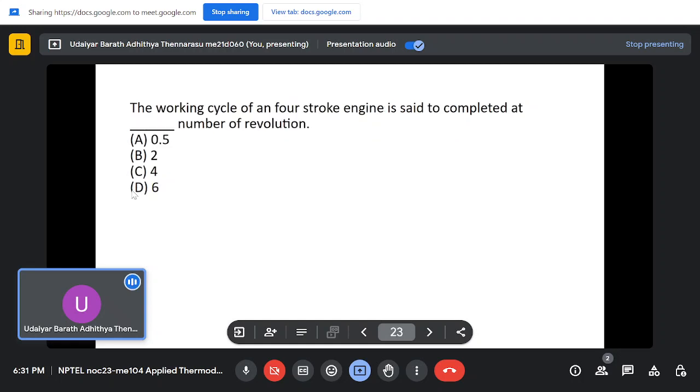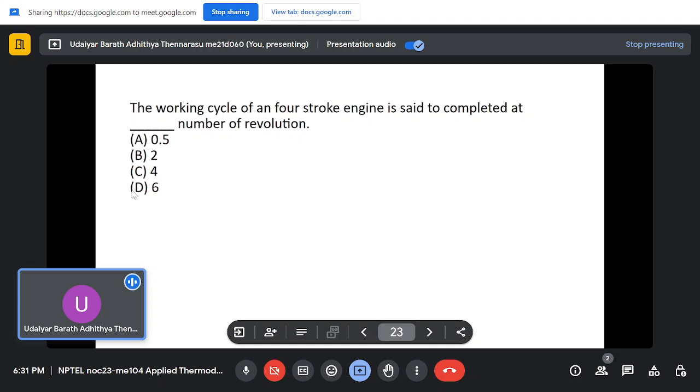The next question is, the working cycle of a 4-stroke engine is said to be completed at dash number of revolution. So at what number of revolution does the 4-stroke engine cycle get completed? 4-stroke means there is a movement of piston 4 times.